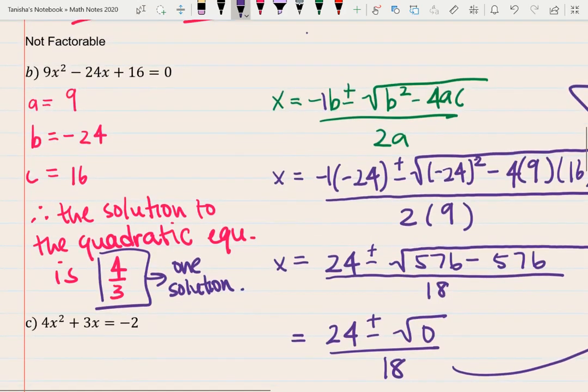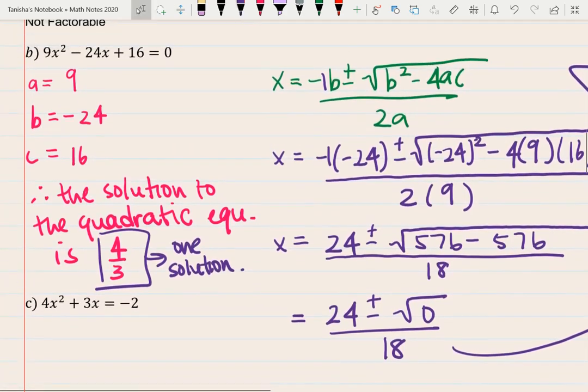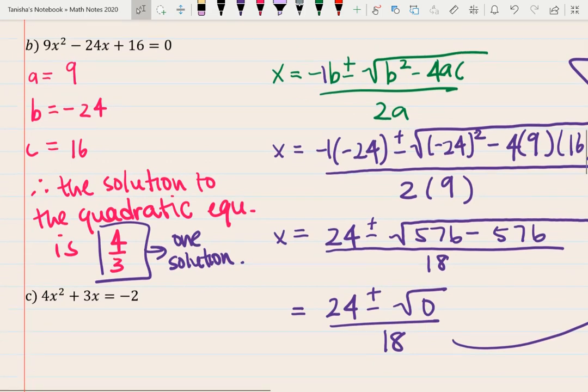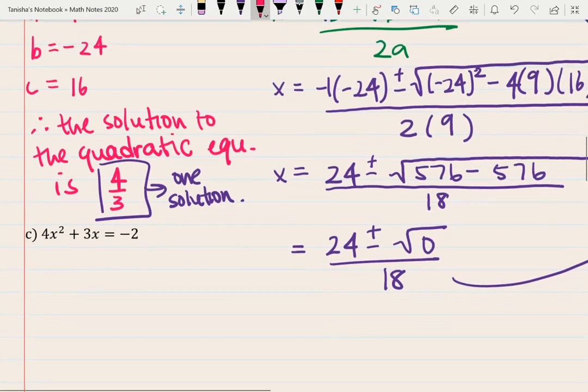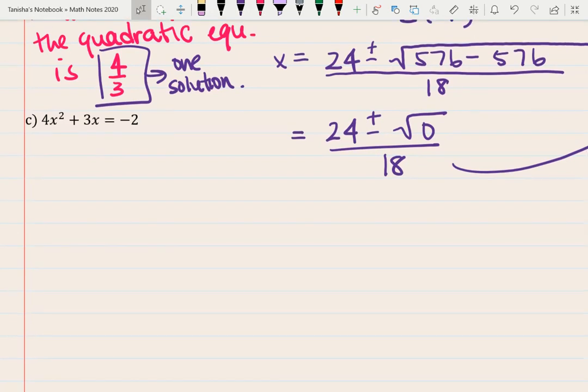Let's try the next unfactorable problem. So I'm telling you again that this is not factorable. You could check it if you don't believe me. Try to factor it. But it is not factorable. So we're going to apply our quadratic formula. How do we do that? First step, make sure that your equation is in standard form.